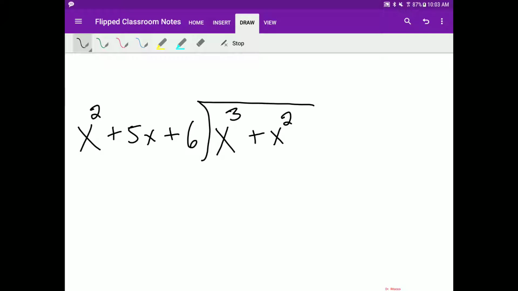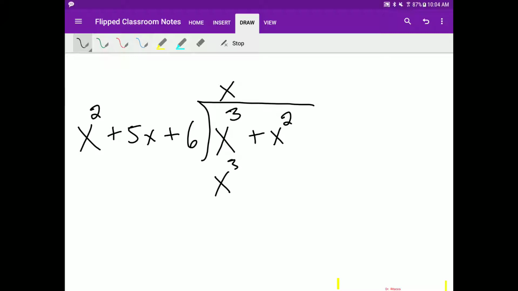The first thing I'm going to ask is how many times does the first term go into the first term? So what do I multiply x squared by to get x cubed? And that's simply x. Now I'm going to multiply across to get all of my values. So x times x squared is x cubed.